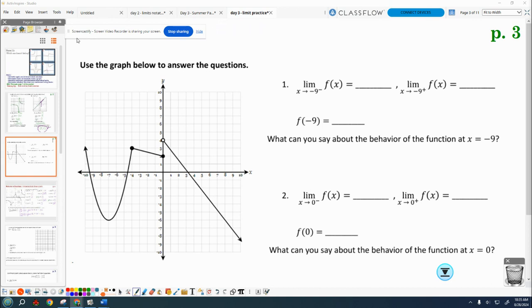Okay. Okay. So that makes sense. Yes, no? Through 3 and 4.